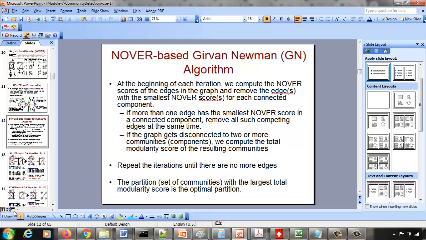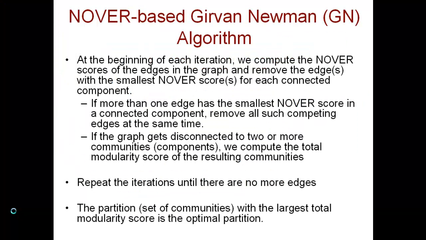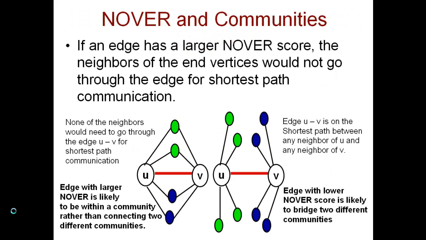Okay, so now we will look at an algorithm called the Girvan Newman Algorithm to do community detection based on neighborhood overlap. As explained in the previous video, if the neighborhood overlap of an edge is 0, like in this case, u and v do not share any of the neighbors, then the neighbors of u have to go through the edge to communicate with the neighbors of v.